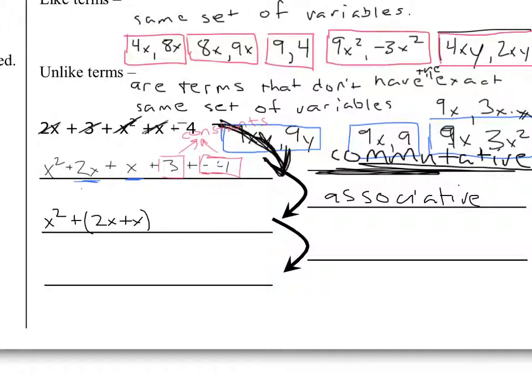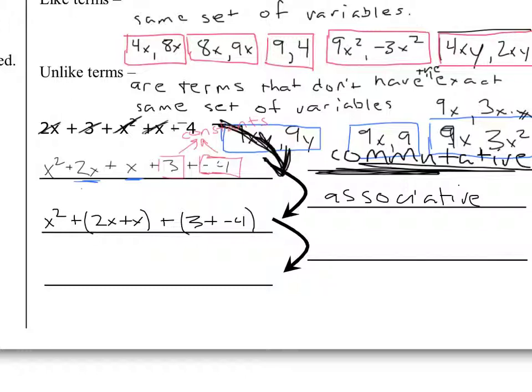So I'm going to group them together. And you can see that I'm grouping them using the parentheses. And that reminds me that I can now add these things together.